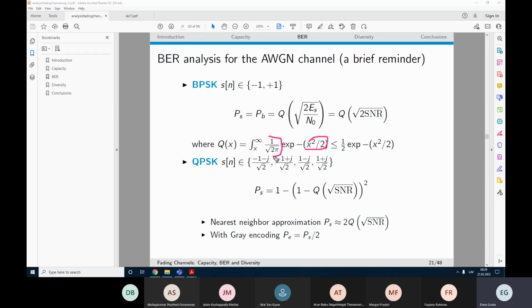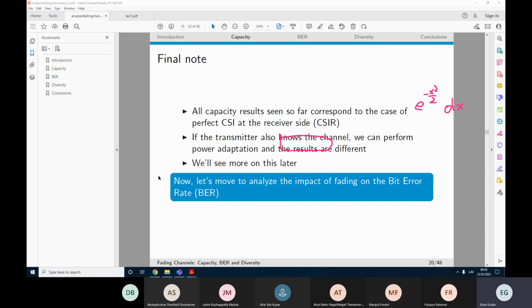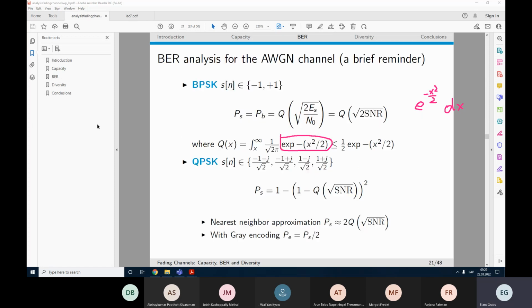My mistake, sorry. Yes. So for this, we have x squared divided by 2. Also, we have this factor, which can be actually put outside of the integral. It doesn't really matter. But the difference here is that we have e to the power of minus x squared divided by 2, by dx, yes. And the limits are from x to infinity.